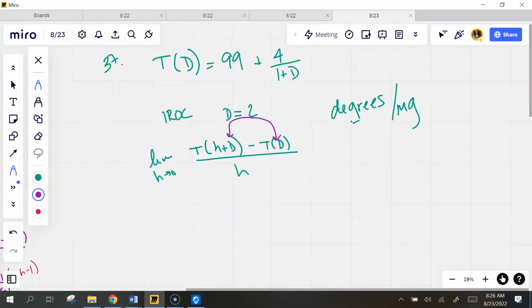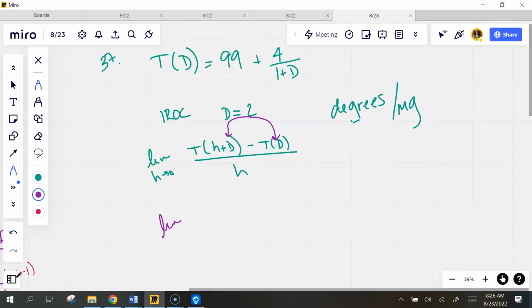So now I want the limit as h goes to 0, 99 plus 4/1 plus, and now I plug in h plus 2.